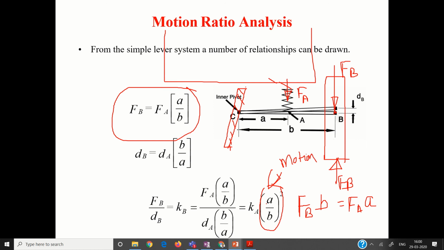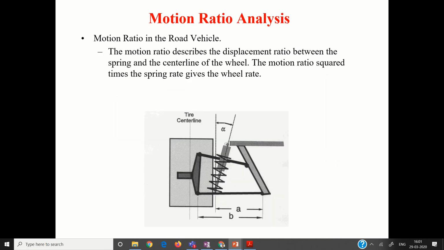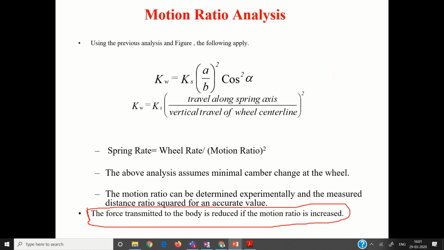A is smaller than B. So when you square it, this is less than 1, squared it will become smaller, and kb will become smaller, right?